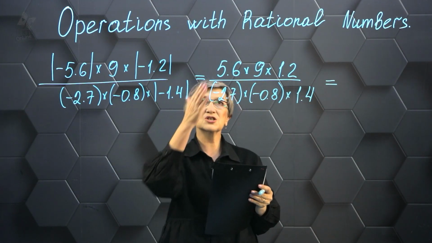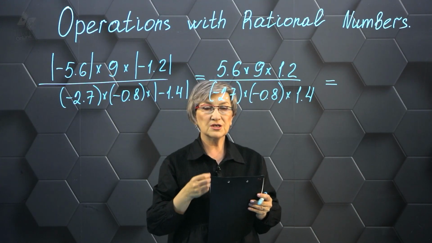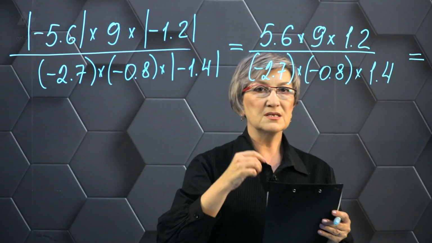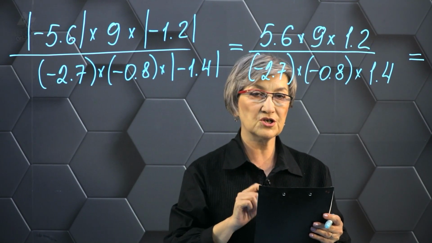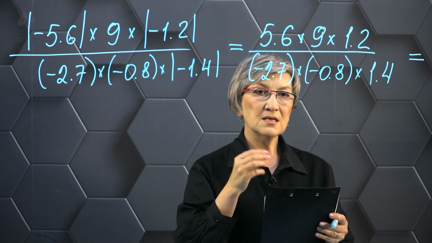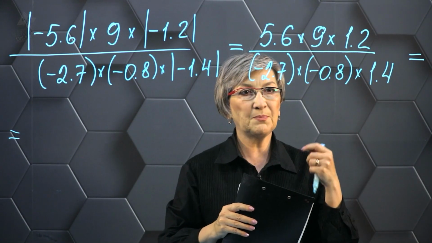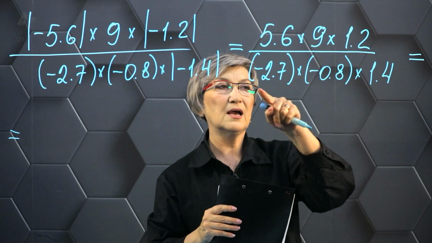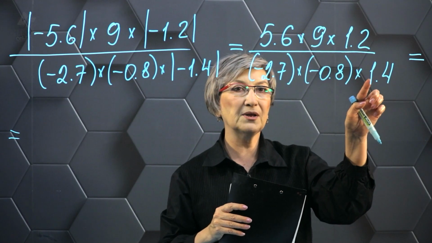After we've found the absolute value of our numbers, then we need to solve this example. Before we solve this example, when the example doesn't contain an absolute value or modulus sign, we have to determine the sign of the result. The fact is that in the numerator we multiply positive numbers, so in the numerator there will be a positive number, and in the denominator we have two negative numbers and one positive number.